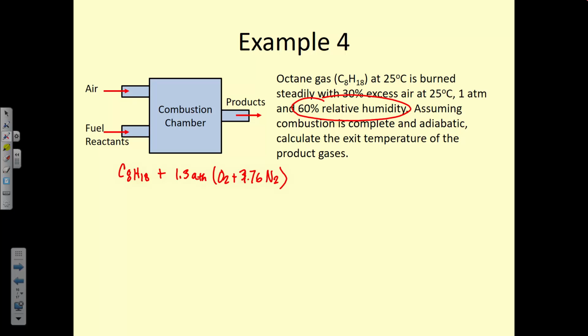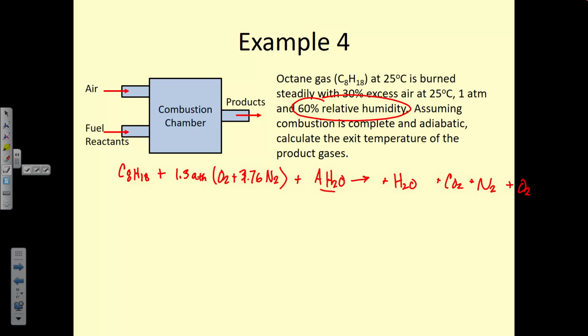Okay, so you end up with some amount of H2O on this side of the equation because there's water within your air. And then on the other side of the equation you have water as a byproduct, CO2 as a byproduct, nitrogen as a byproduct, and oxygen as a byproduct. So if we were to balance this out, I'll just put all these numbers in here.